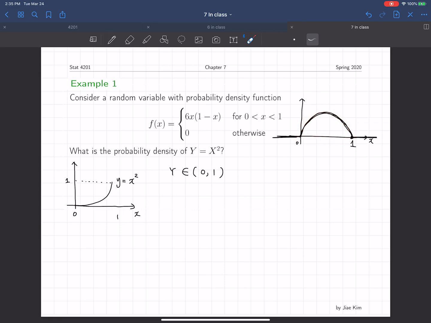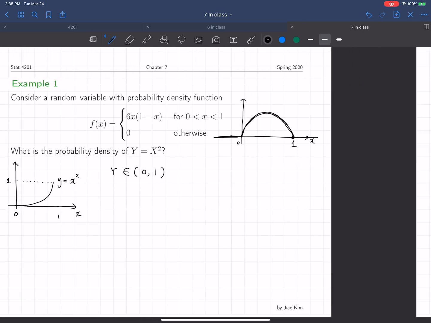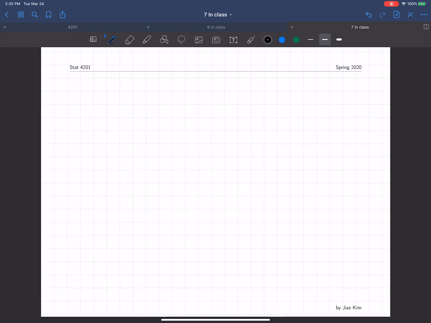So we are still going to think about these 3 cases: where Y has no cumulative probability at all, or having a little bit of probability, and then all the way up. Let me make one clean slide. Let's think about the first case, when the y value is less than 0.